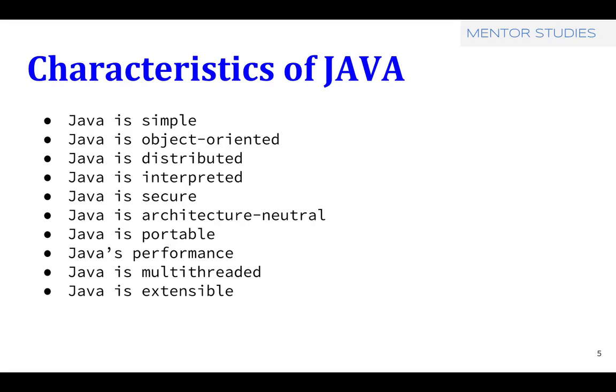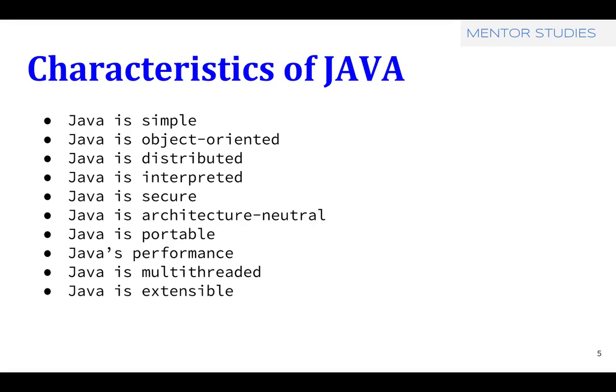Utilizing multiple processors in the system is called Java multi-threading. Java is a programming language which takes advantage of multiple processors, like quad core, core i3, core i7.